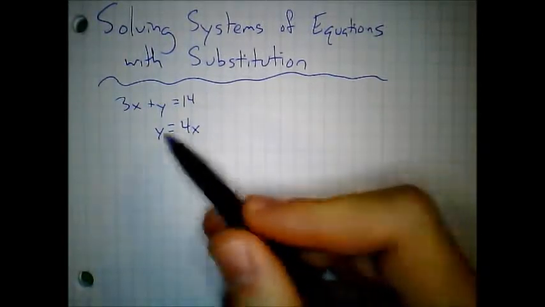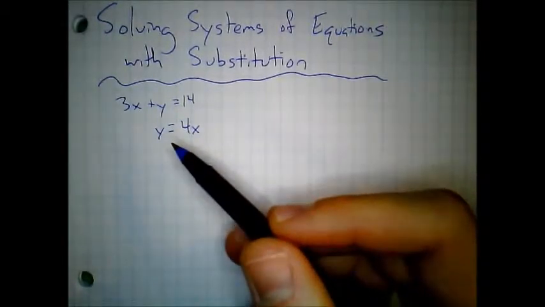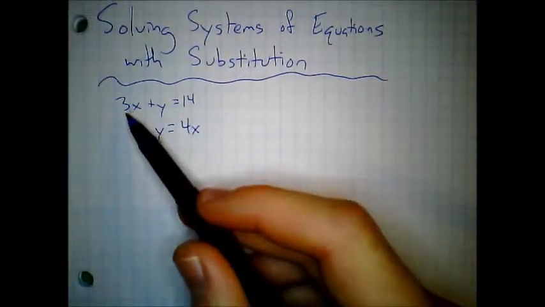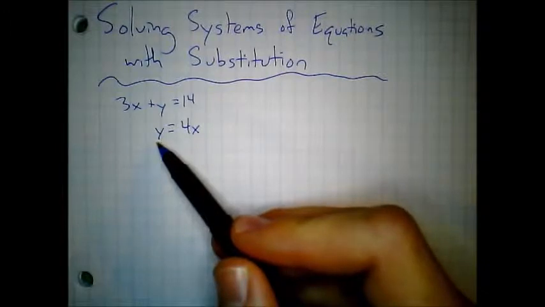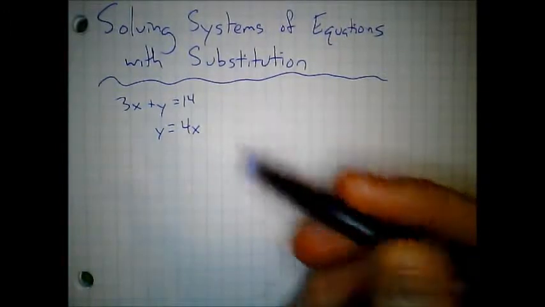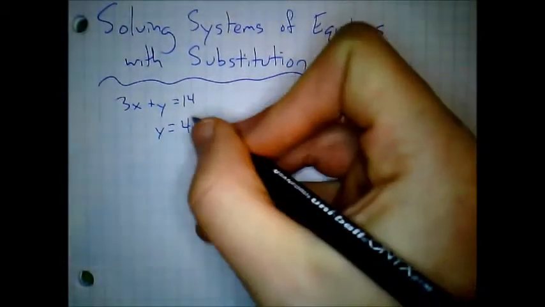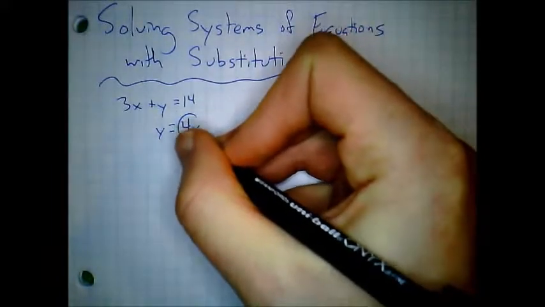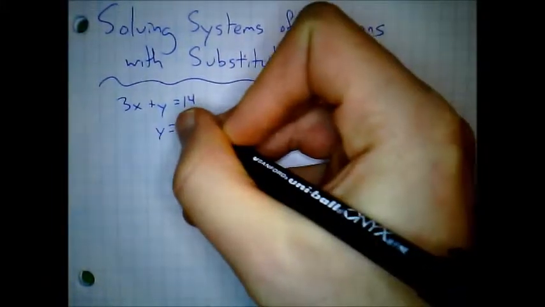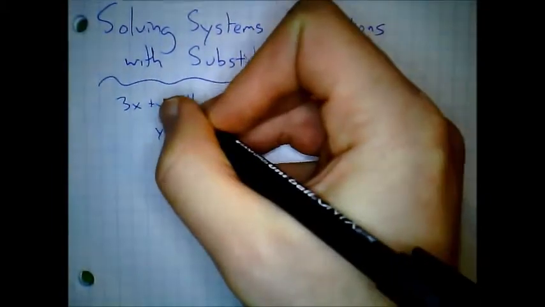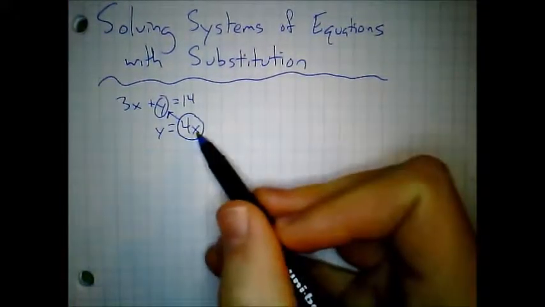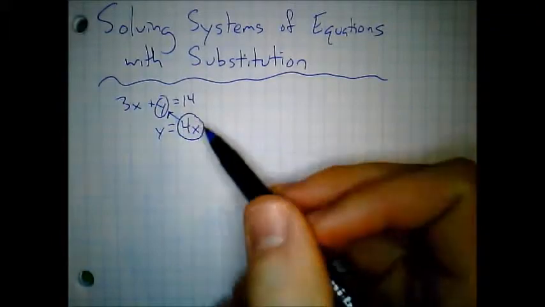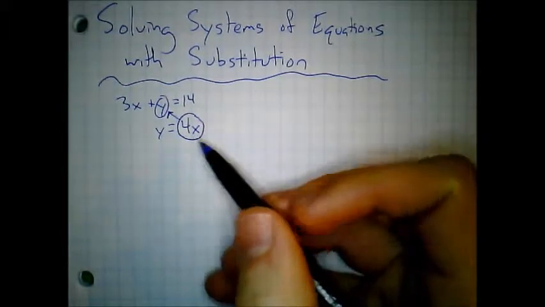So we use this fact to help us solve the equation, because the first equation says 3x plus y equals 14, and the second equation says y equals 4x. So what we do is we substitute this 4x in for this y. Because it's saying y equals 4x, that means every single y in this problem also equals 4x.